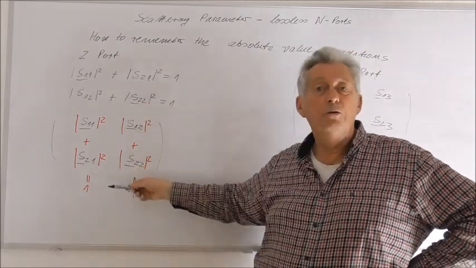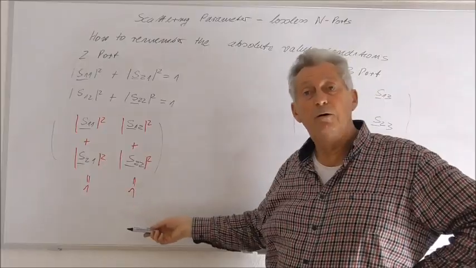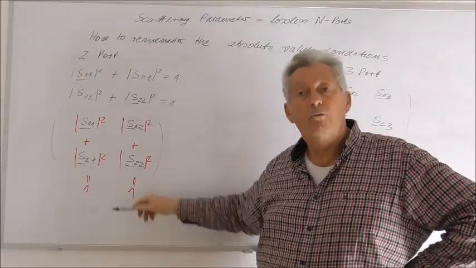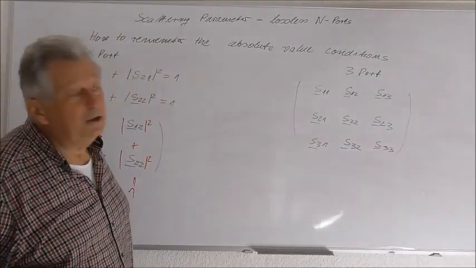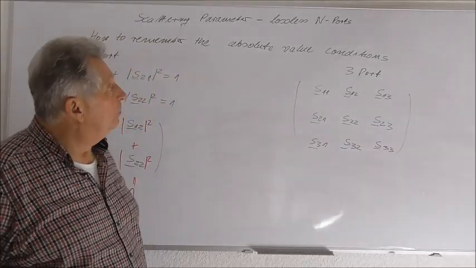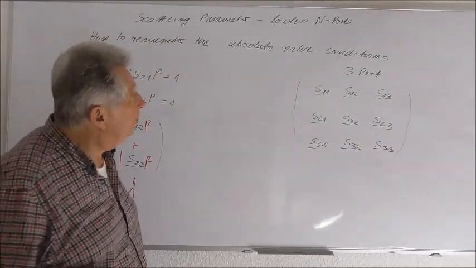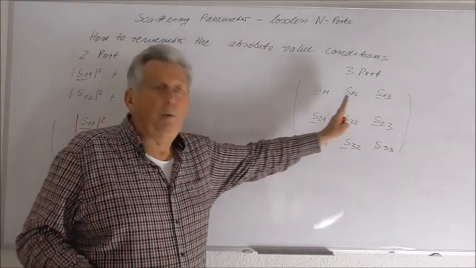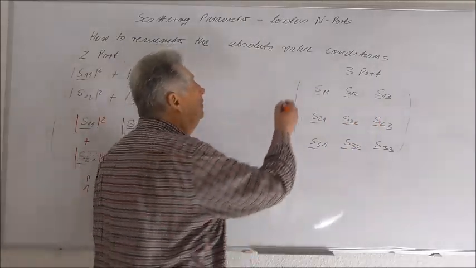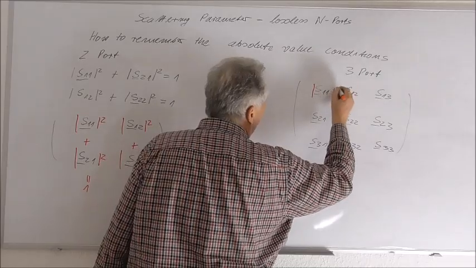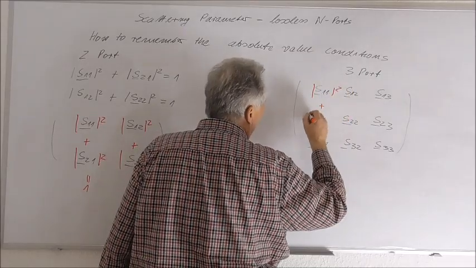The sum of the absolute value squares of the elements of a column must be equal to 1. And of course we can extend this quite easily to a three-port. In a three-port we will have 3 columns, and as a result we will have 3 absolute value conditions.